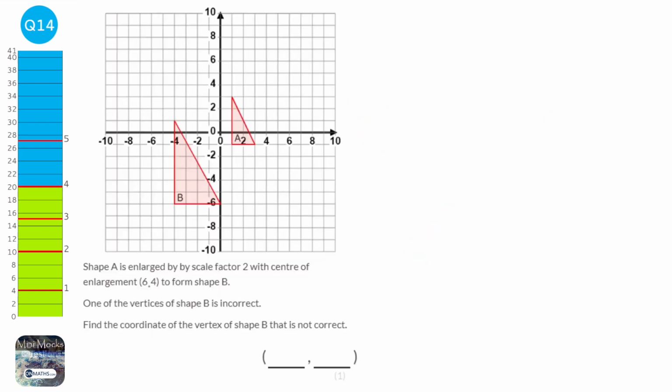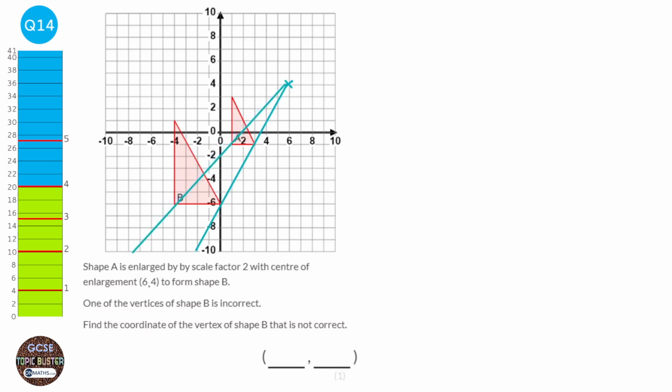function. So in this question we are told that the centre of enlargement is at 6, 4. So let's just put a cross there. And what I'm going to do is just draw ray lines from the centre of enlargement, and we're just going to go through each of the corners of our shape A. And we're going to just check whether it goes through the corner of shape B, which it does on this one.